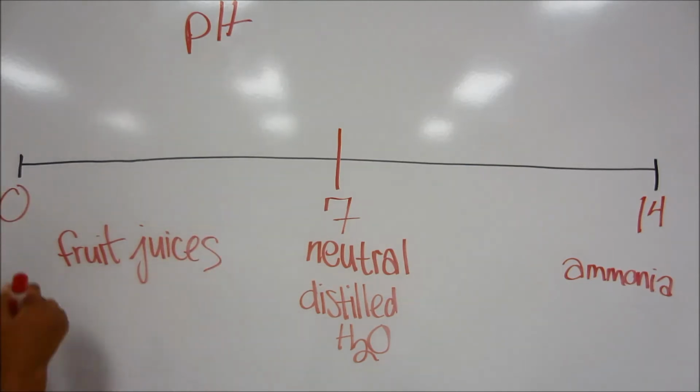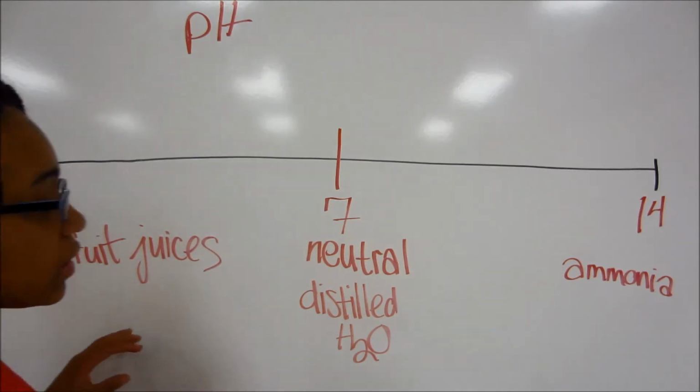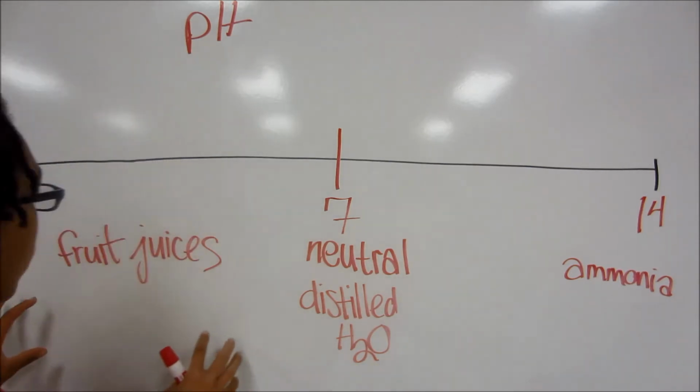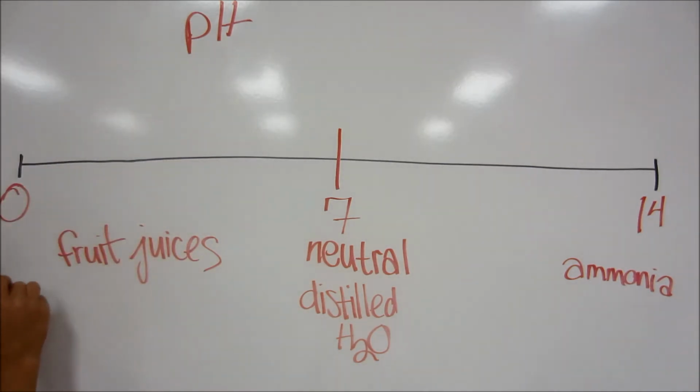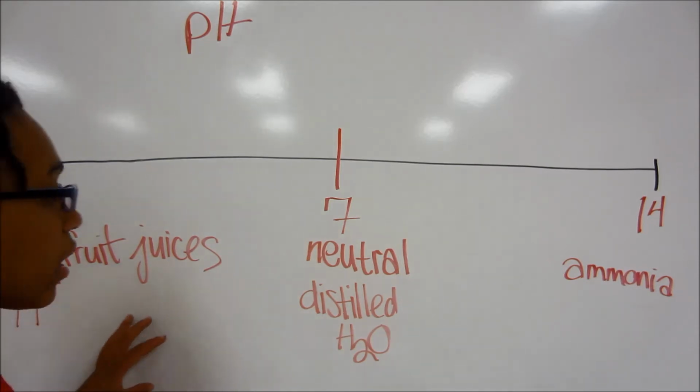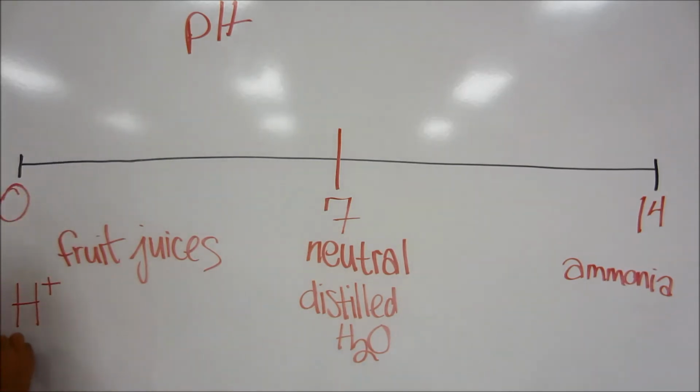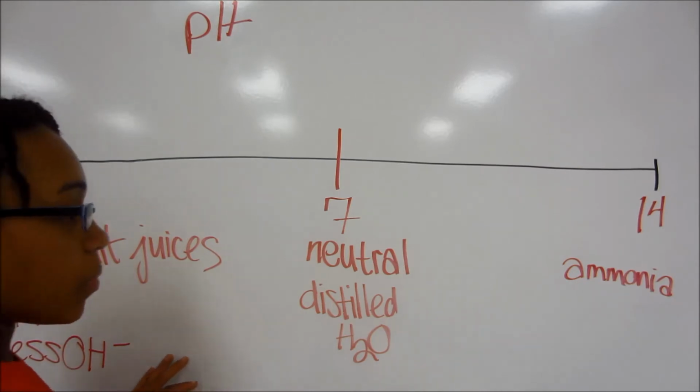So what is an acid? An acid is a substance that, when you put it in water, becomes more hydrogen ion positive, and it decreases in its hydroxide concentration. A base is the exact opposite.